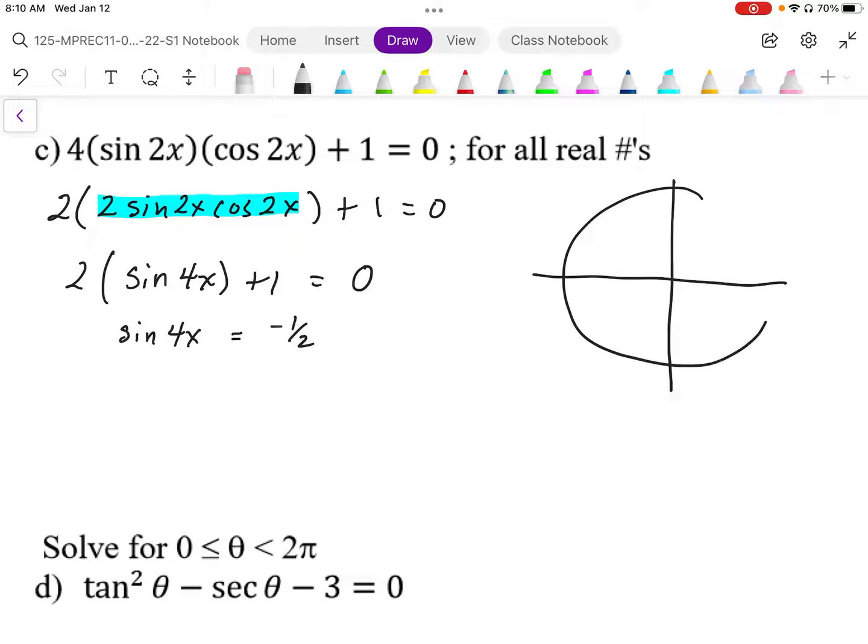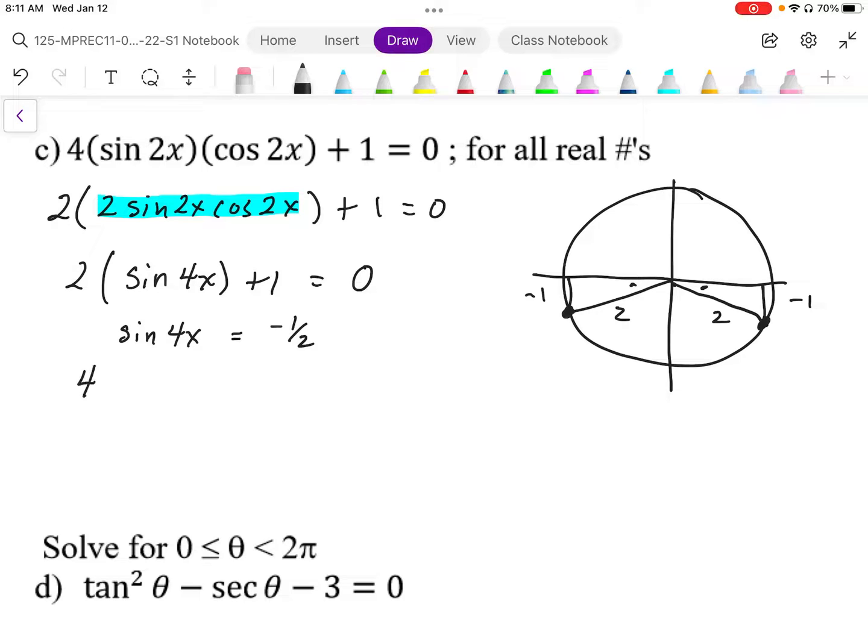Negative 1/2 for sine is going to be in this position here, in quadrants 3 and 4. And these are going to represent special value angles of 30 degrees. So the reference angle is 30 degrees, or pi over 6.